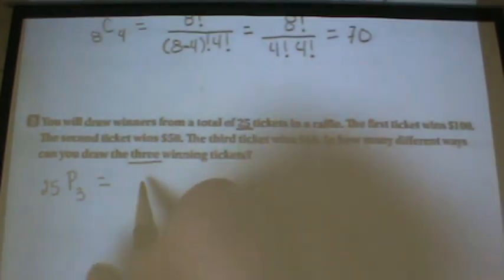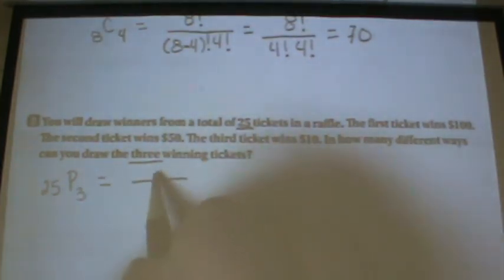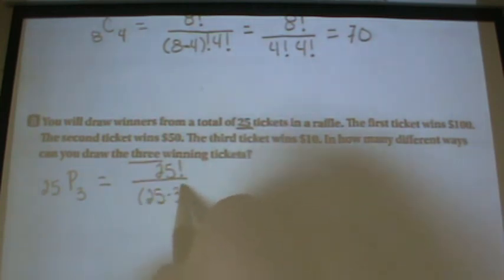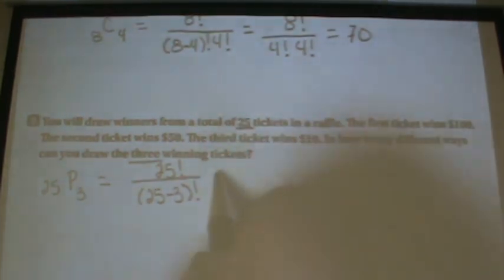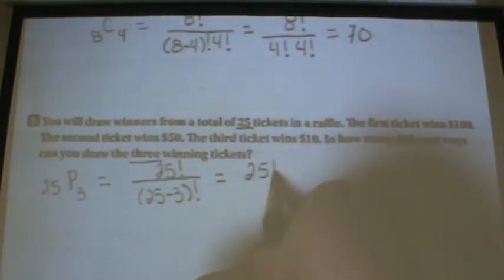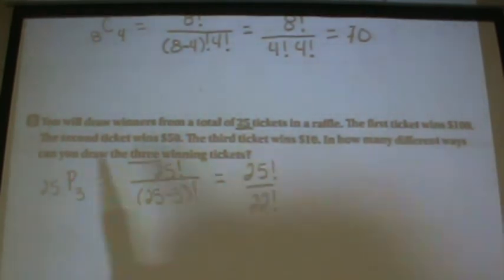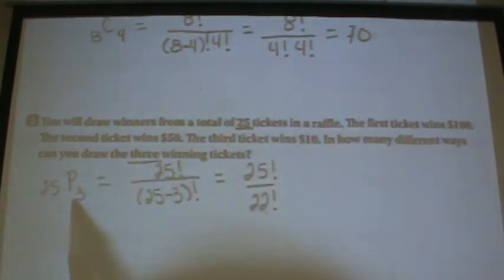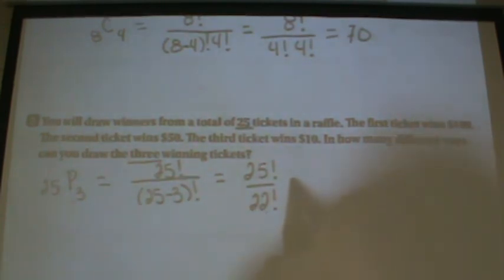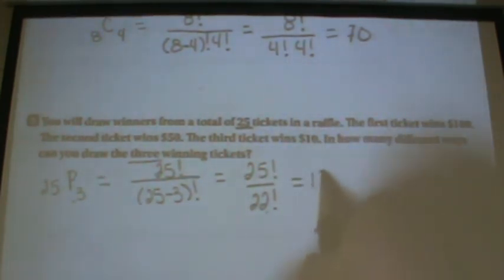And if we wrote this into the equation, it would be 25 factorial over 25 minus 3 factorial. So you'd get 25 factorial over 22 factorial. And you can punch it into your calculator like that, or using the permutations button, and you end up getting 13,800.